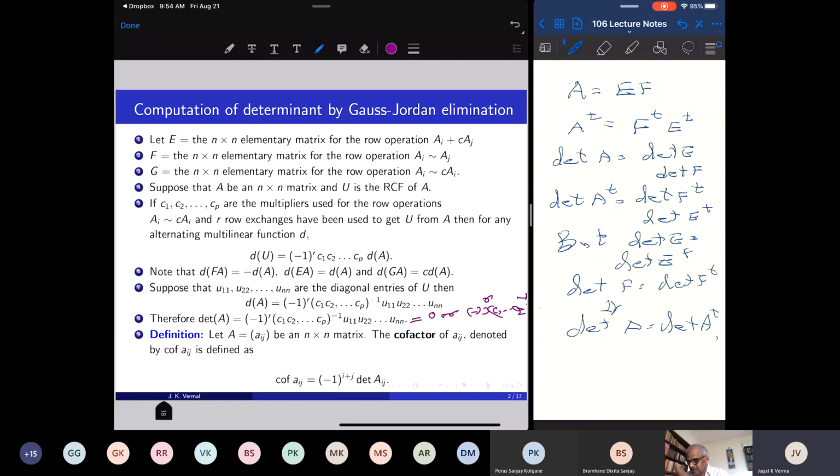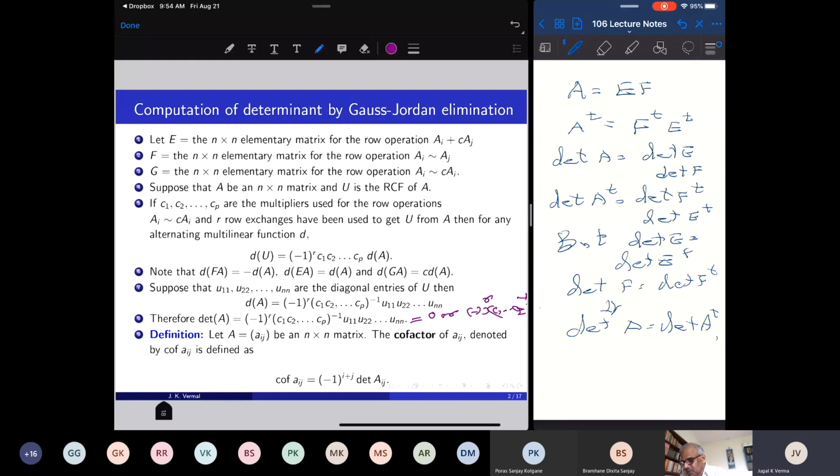Let me repeat. You are given a matrix, and you should not use the formula which is expansion of the determinant using rows or columns. If you have a general matrix, one of the best ways to compute the determinant is to convert the given matrix into row canonical form.